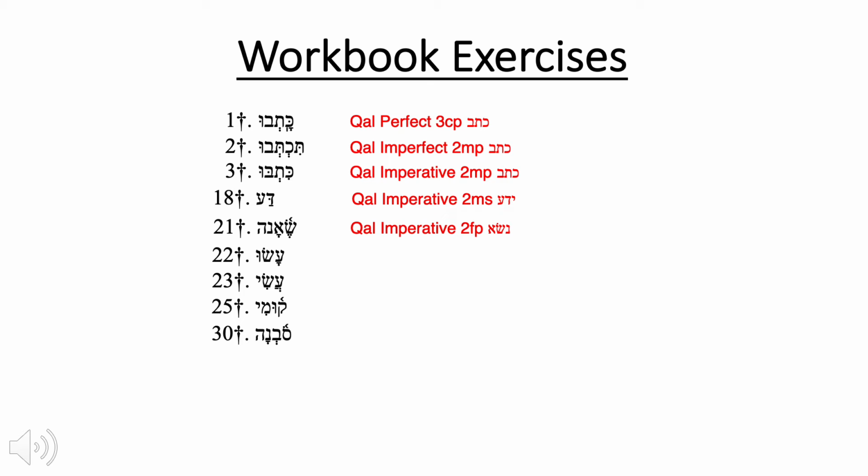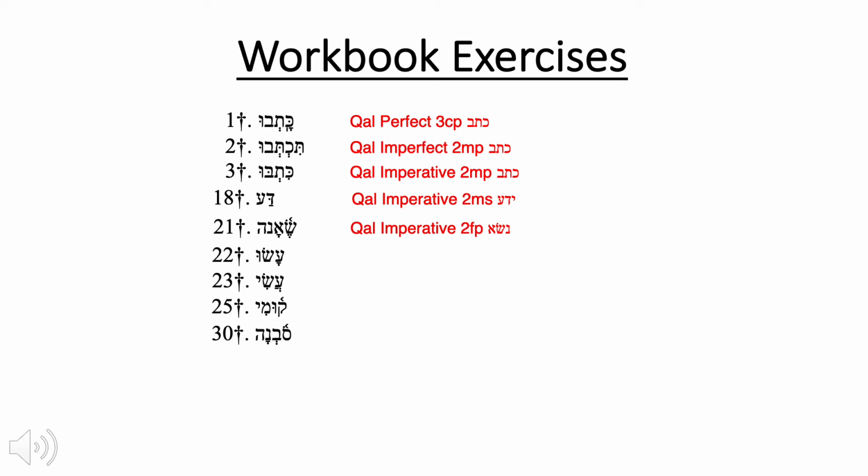However, we have lost our preformative, which would have been a tav. There is a form, again, that has a yod at the front, but it is not a second person form, so it will not be an imperative, and imperatives are the only ones that drop the formative off the front. So we are left with the na at the end, but no preformative, telling us that this is a Cal imperative 2FP.